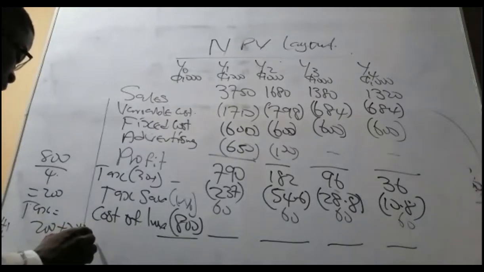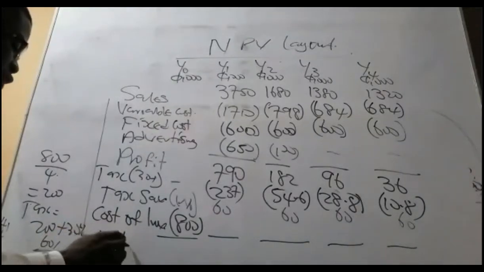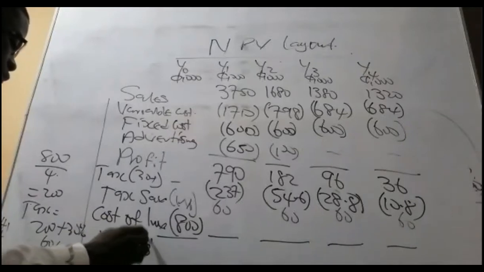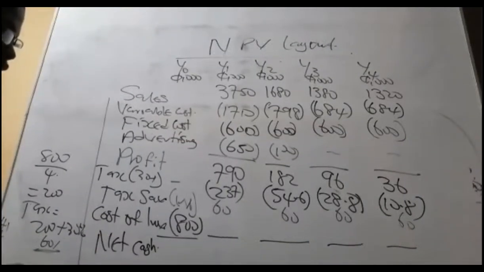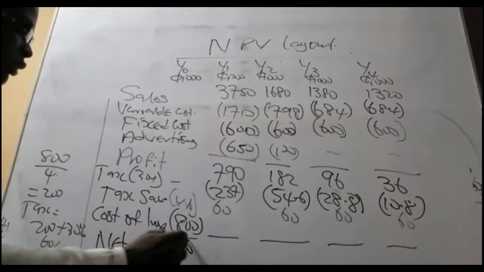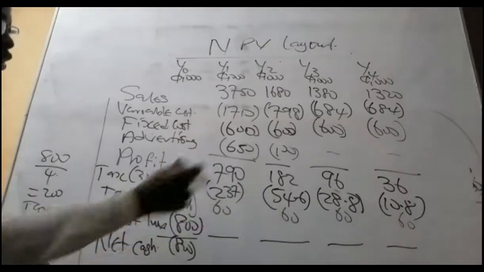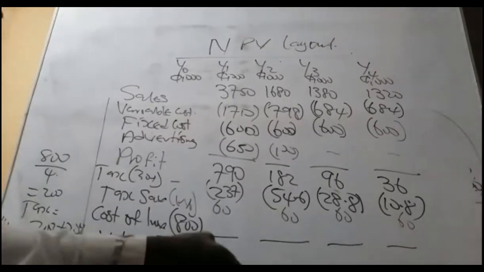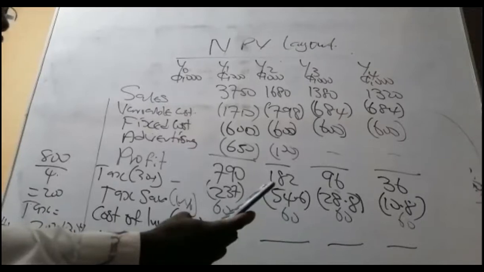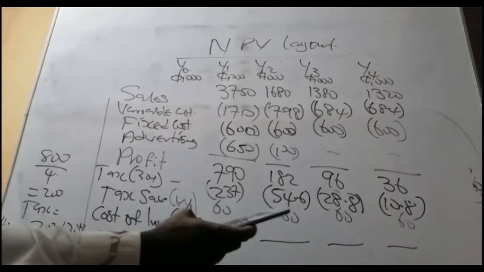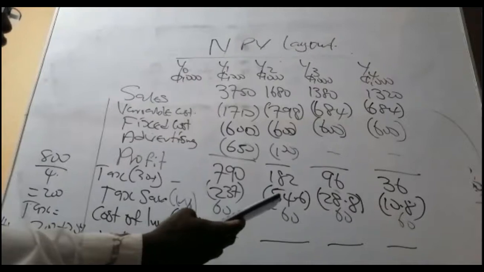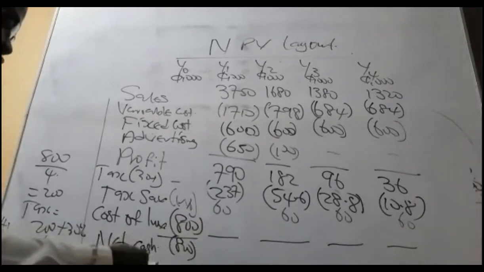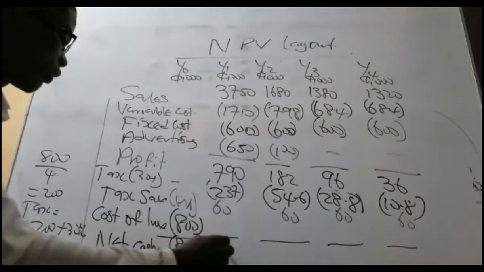The net cash flow here will be 800 negative. So summation in that order. So the first year we get something like 790 less 237 plus 60. That's 613 for the first year.